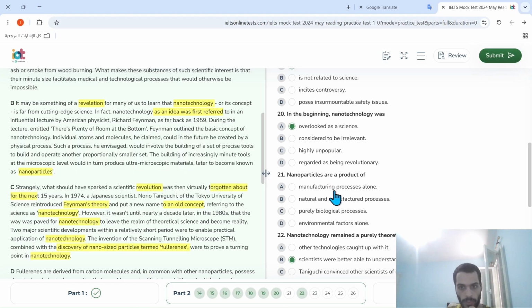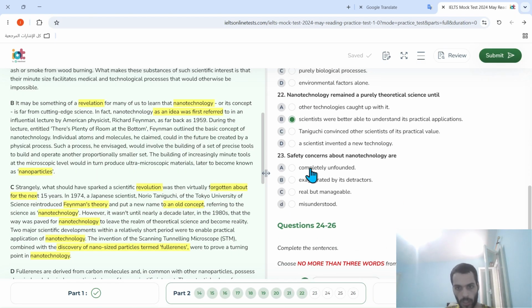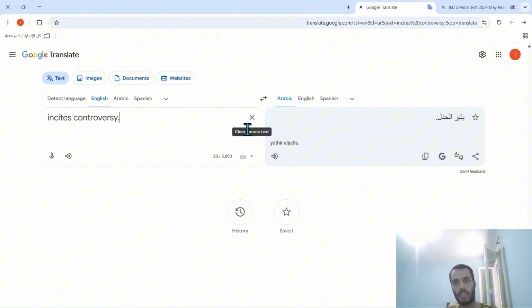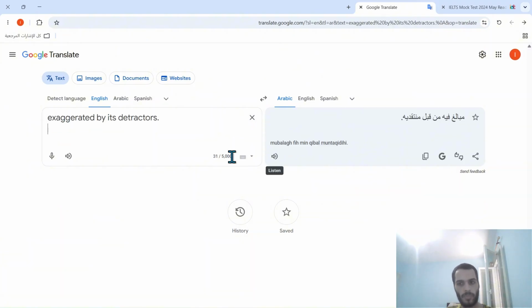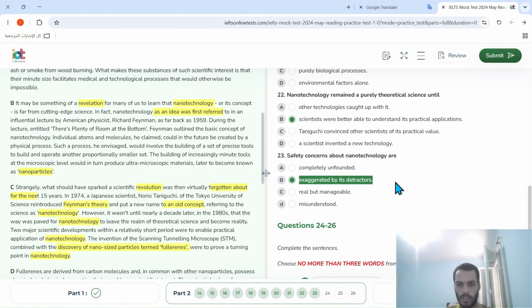So this is manufacturing process alone, okay? Safety concerns about nanotechnology are completely unfounded, real value misunderstood, exaggerated by its detractors.